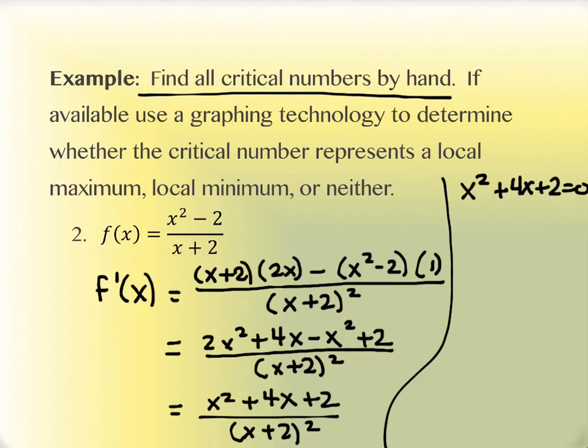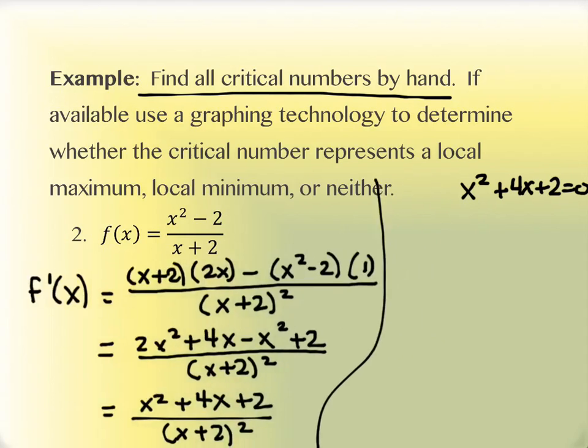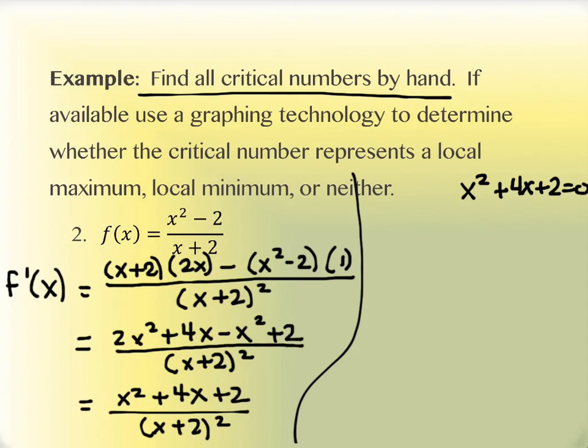All right, so quadratic formula. Do you guys remember that? Yeah? Okay, hang on a second. Let me get myself some more space. All right, quadratic formula says what? x equals negative 4 plus or minus the square root of 4 squared minus 4 times 1 times 2, right?